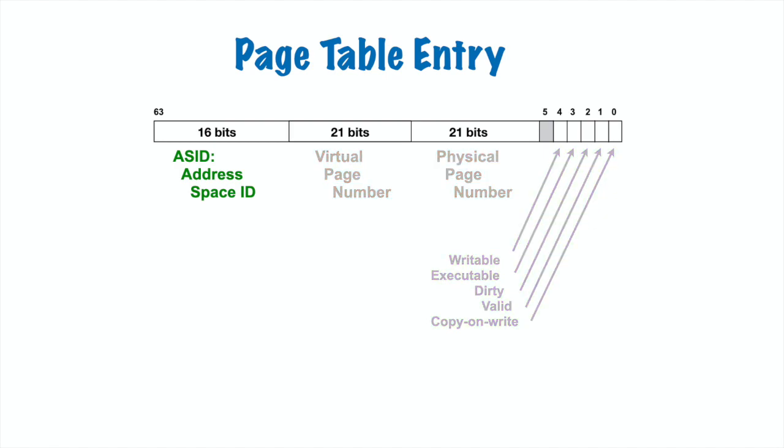The address space identifier must match the current address space identifier from the status word. The virtual page number is mapped into a physical page number, and each page table entry also has a valid bit, a couple of bits for protection, writable and executable, a copy on write bit and a dirty bit.